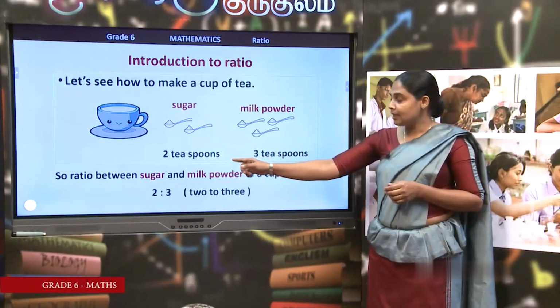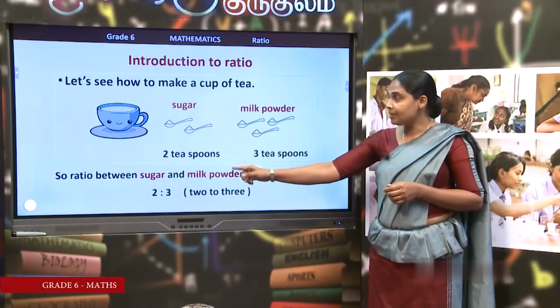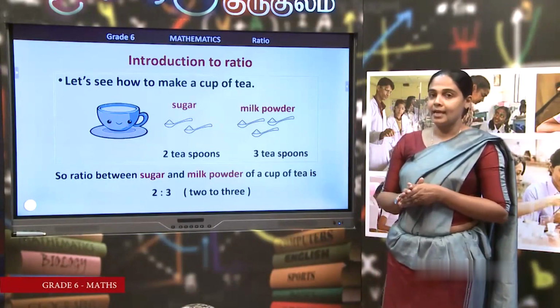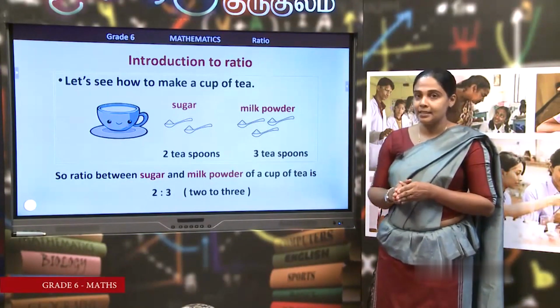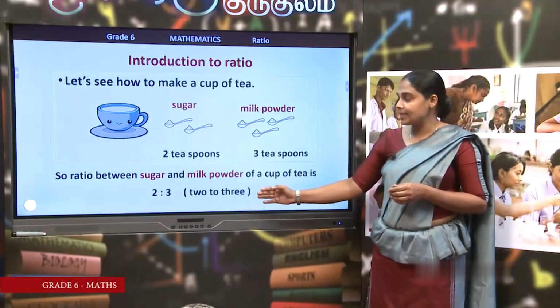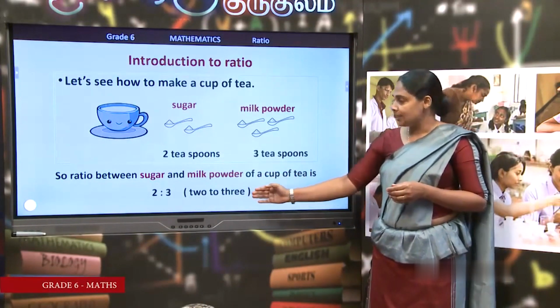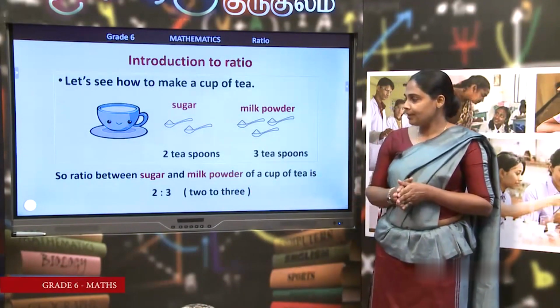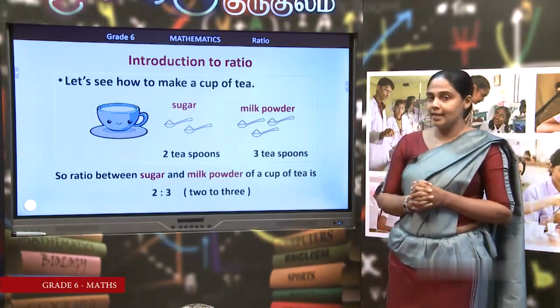First sugar, so we should write down the number relevant to sugar. It is 2 teaspoons, and milk powder is 3 teaspoons. So the ratio is written as 2 to 3. Then it is read as 2 to 3. I think you can understand it.